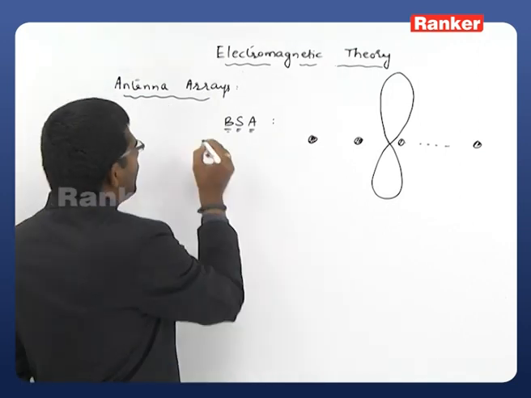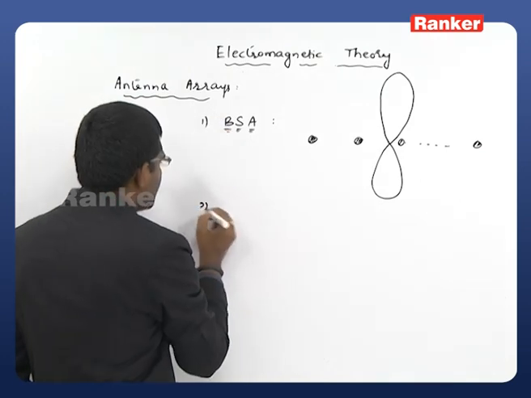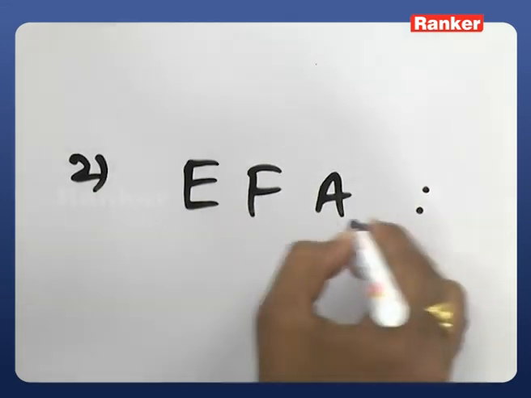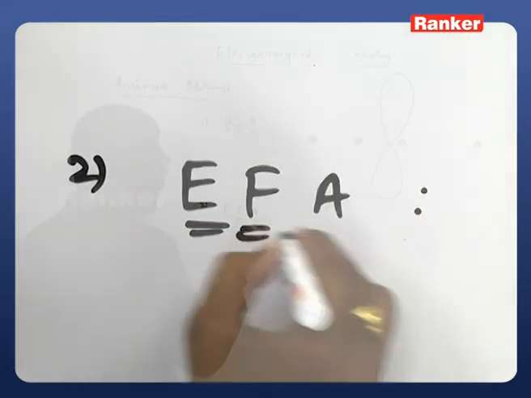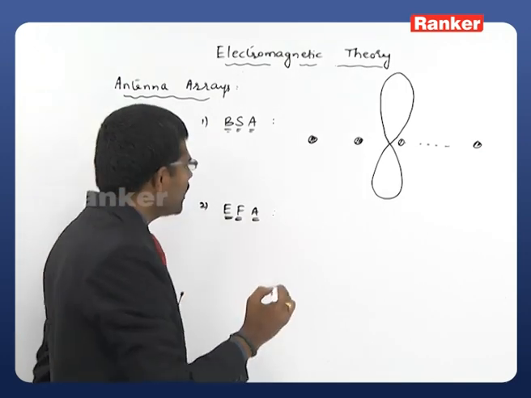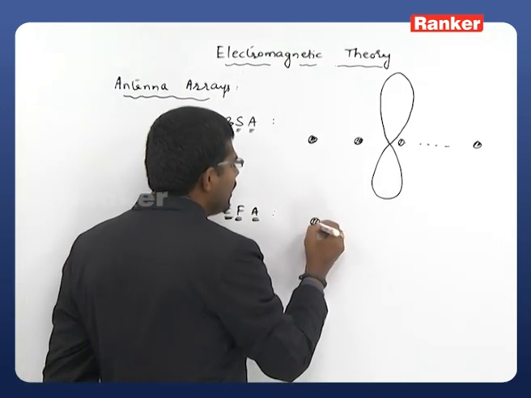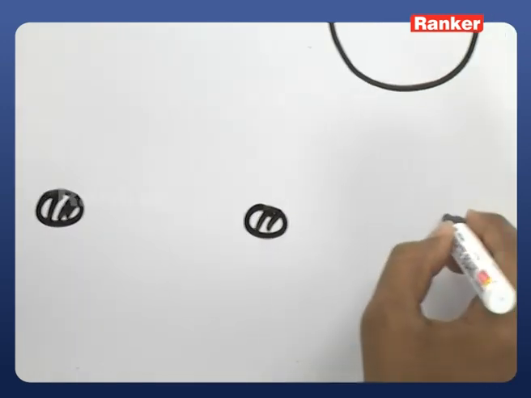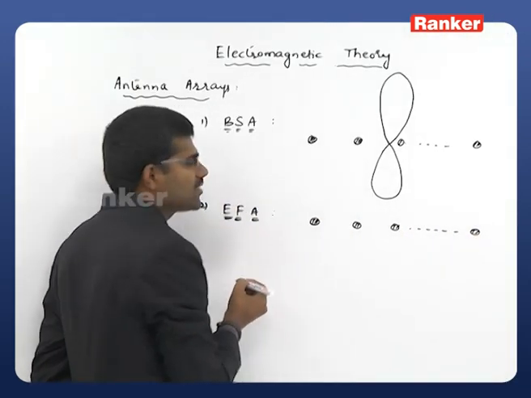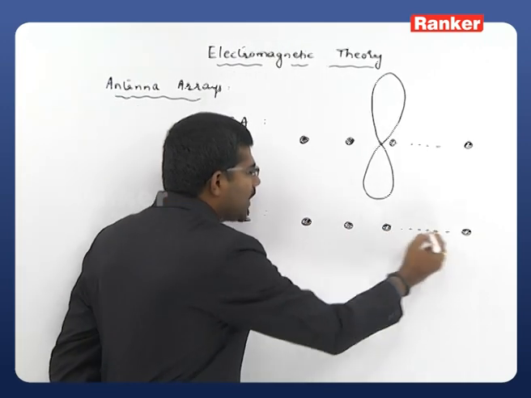Similarly, this is the first category, and the second category is EFA. This EFA stands for end fire array. The end fire array is also applicable for a linear type of array. Here n elements are taken, and this is called the array axis.